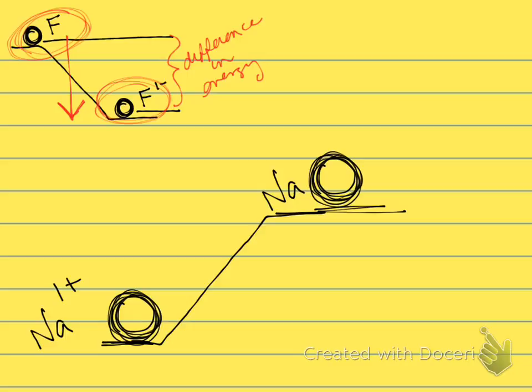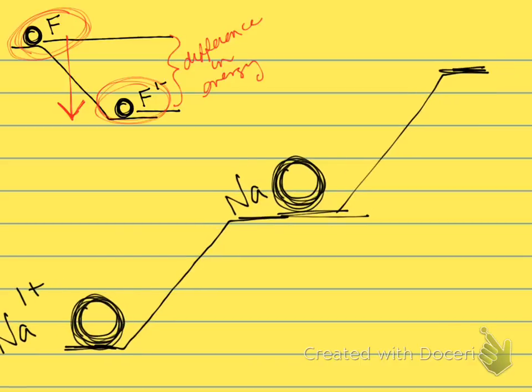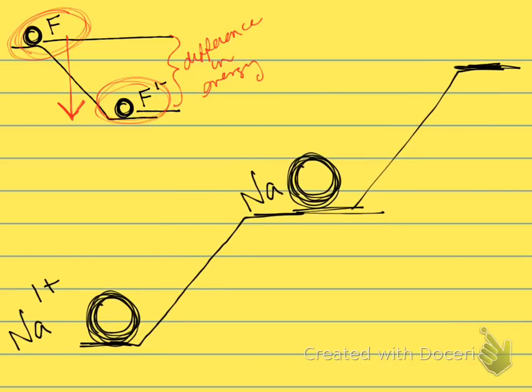What if we somehow forced sodium to take an electron? So we took that sodium boulder, and we actually forced sodium to take an electron, and we made it a sodium 1-.